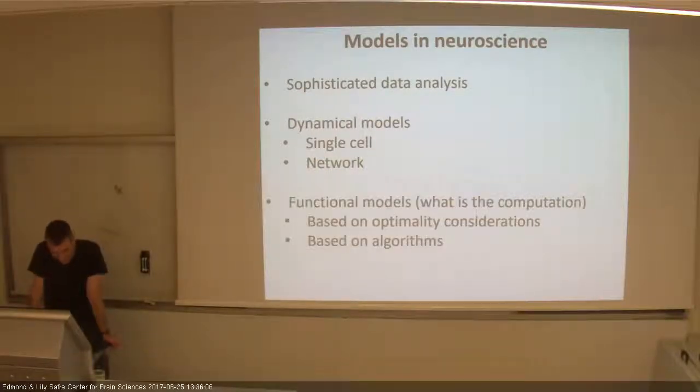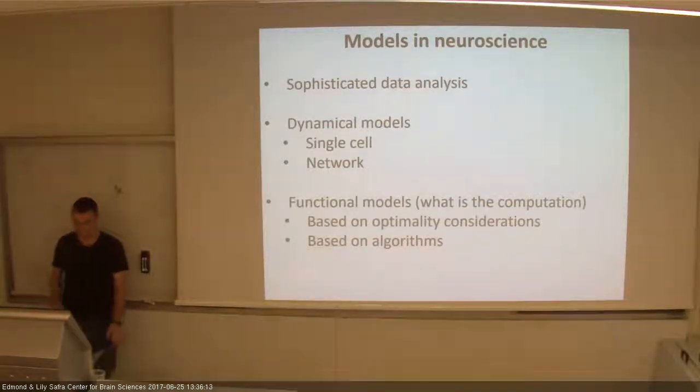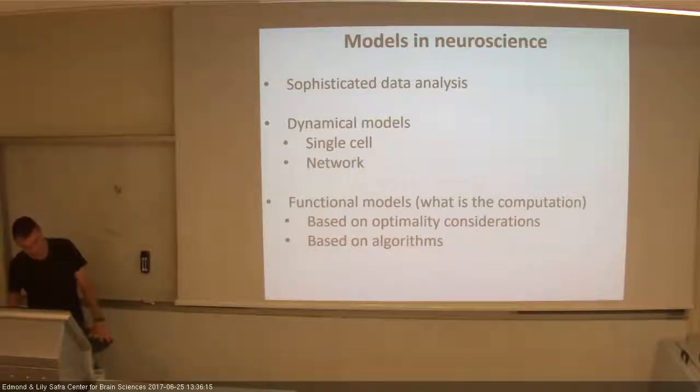A third place where we use modeling in neuroscience, and this you do more next year, is we often use functional models. And this is a completely different approach.